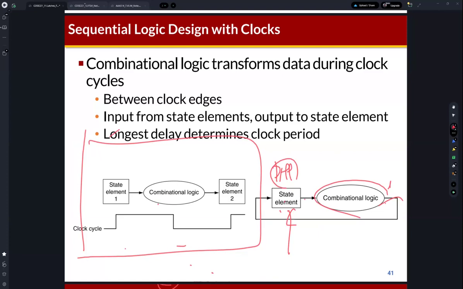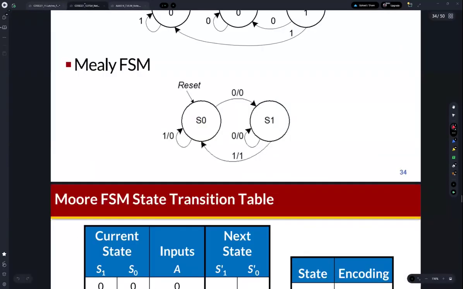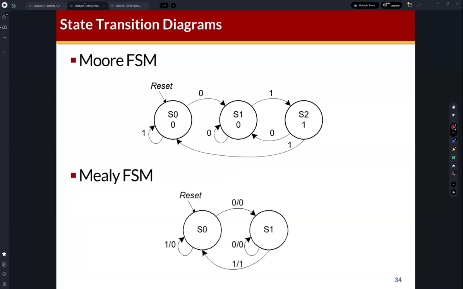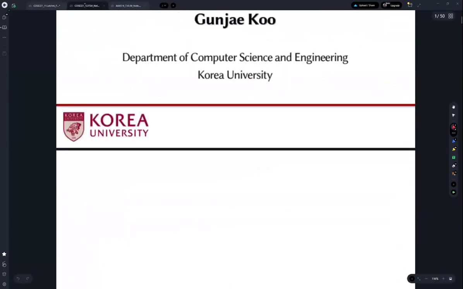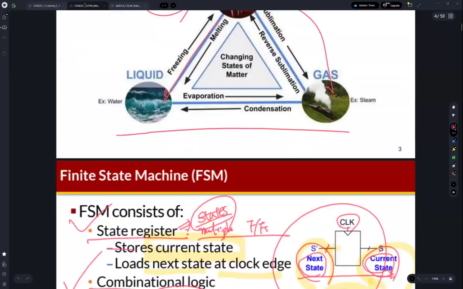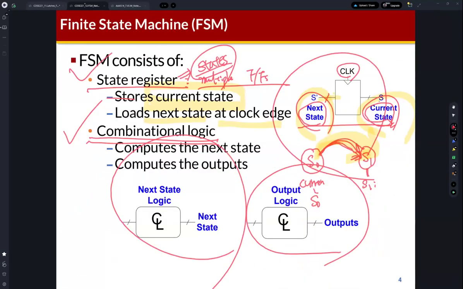And then we learned about the FSM, the finite state machine, right? Finite state machine means that based on the states, we can generate some output signals, right? We define a certain state using FSM, and then based on various states of FSM, we can generate output signals.